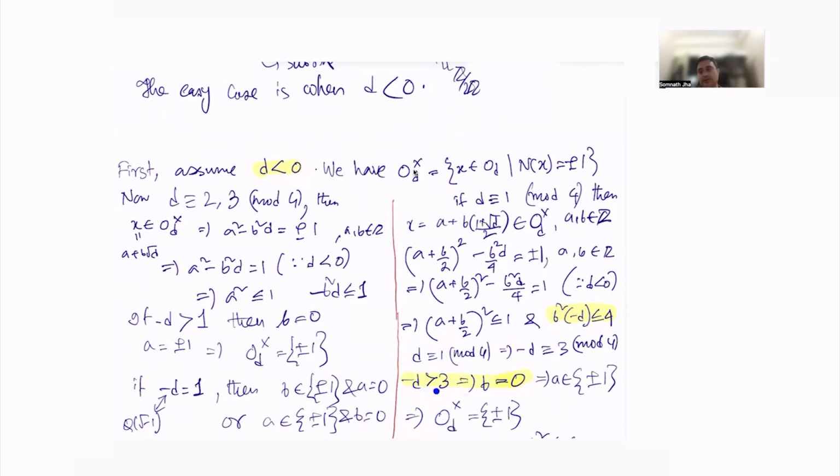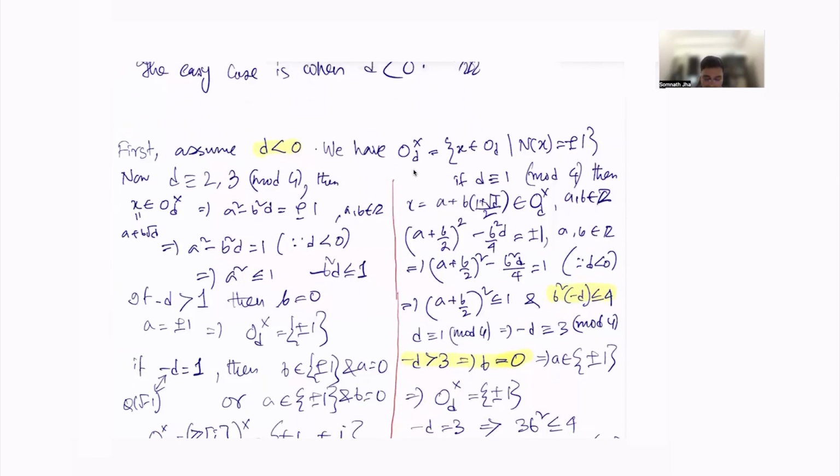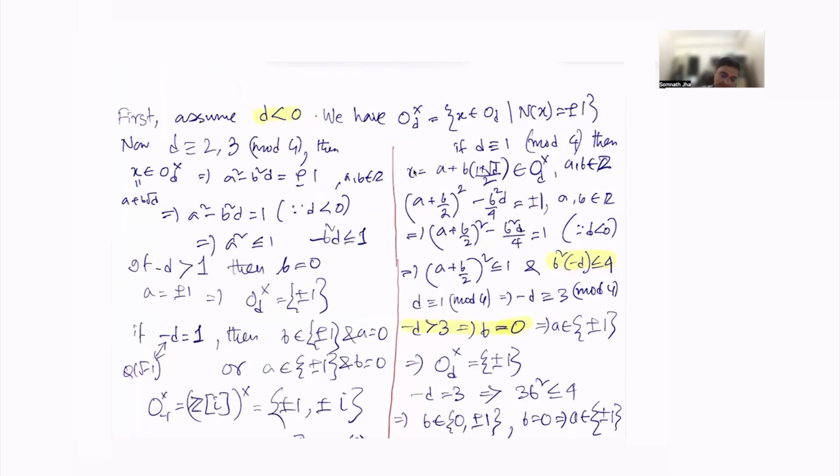The next option for minus d is only 3. Well, minus d is 3 mod 4, so it cannot be 1 or 2. So you have to check only one case, minus d equal to 3. Which case does this refer to? You are inside Q root minus 3. And what is the ring of integers? Here O_minus 3 is Z[(1 plus root minus 3) by 2].